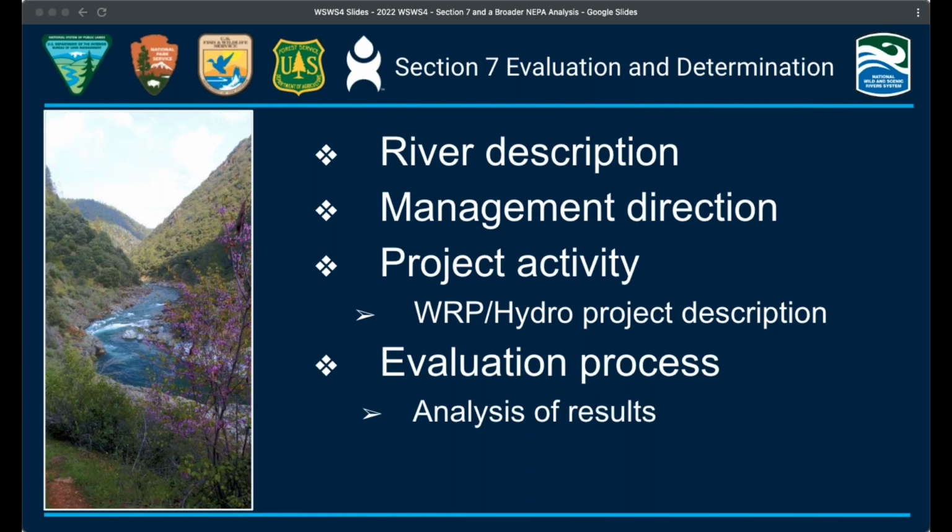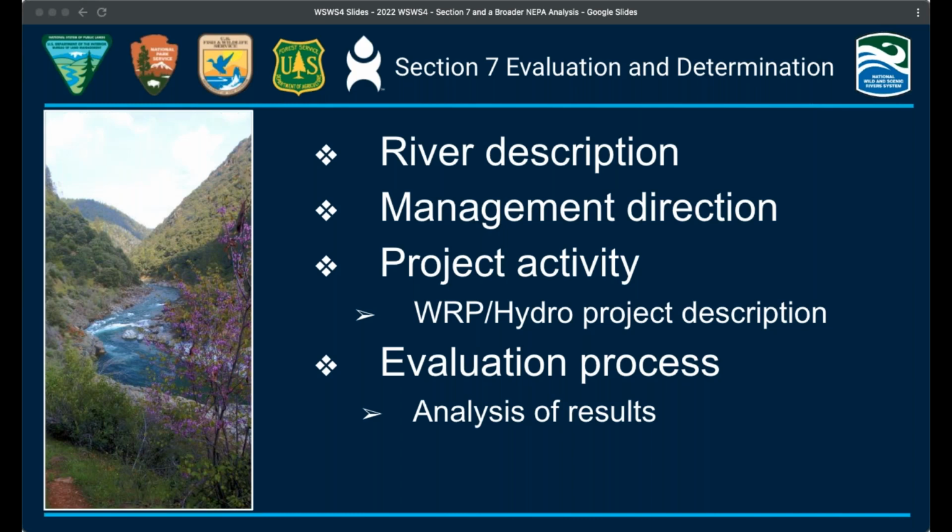A simple section 7 determination might be just a few pages, whereas determinations for more complex or highly controversial projects may be much longer and involve more documentation in anticipation of potential litigation.